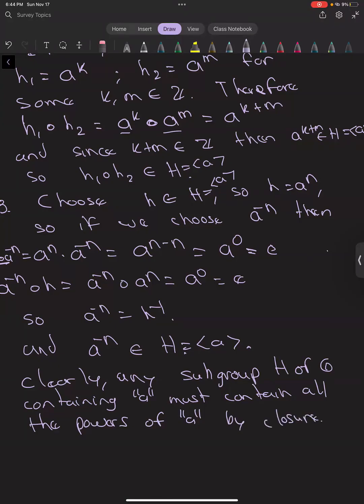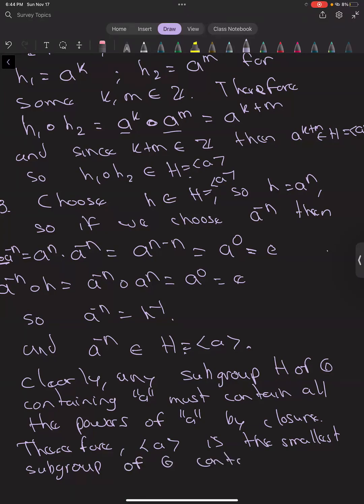Therefore, the set of powers of a is the smallest subgroup of G containing a.